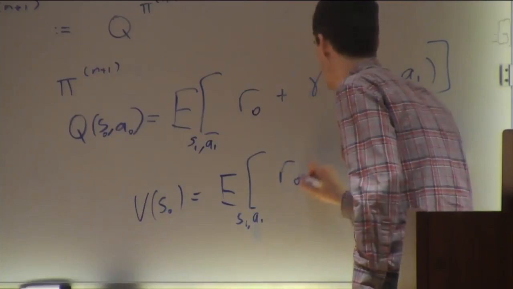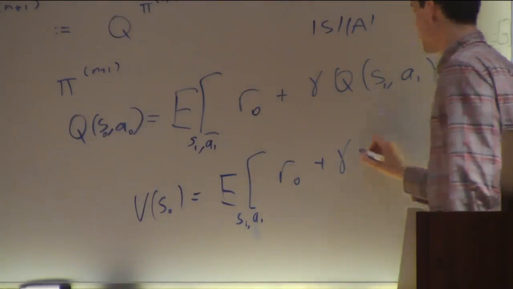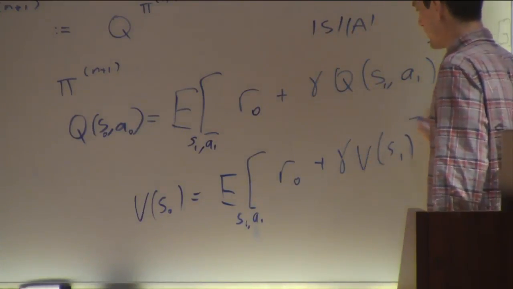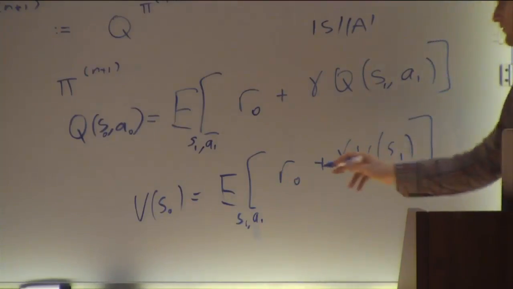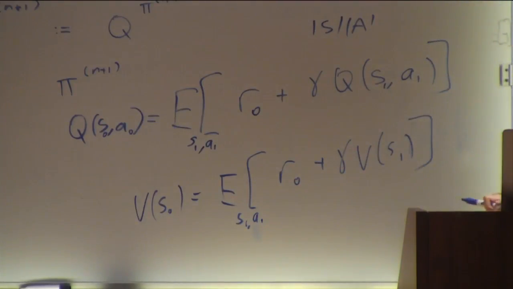Now we have reward 0 plus gamma times v of S1. So this is the Bellman equation that v pi should satisfy.